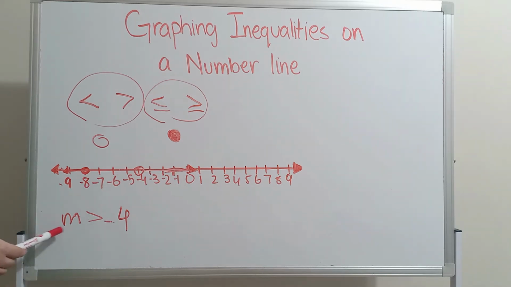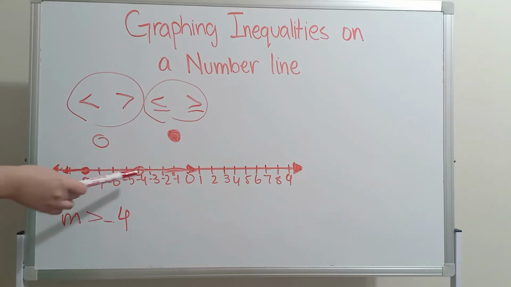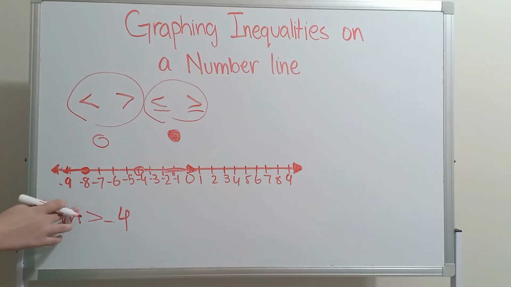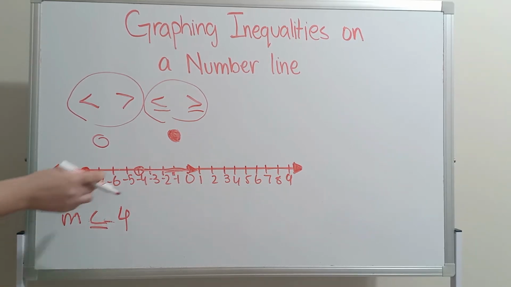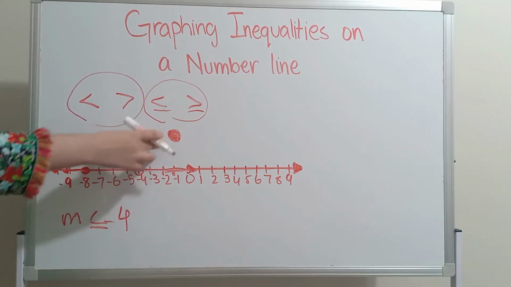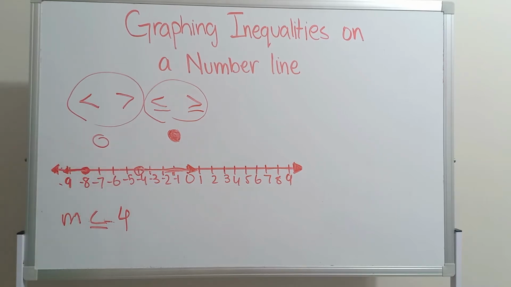So if it says m is greater than -4, we will have to go to the side in which the numbers are greater than -4. And if it said m is less than or equal to -4, then this would be a colored circle, and the line would be going this way, because -5, -6, -7 are all less than -4. So now let's move on to our first question.